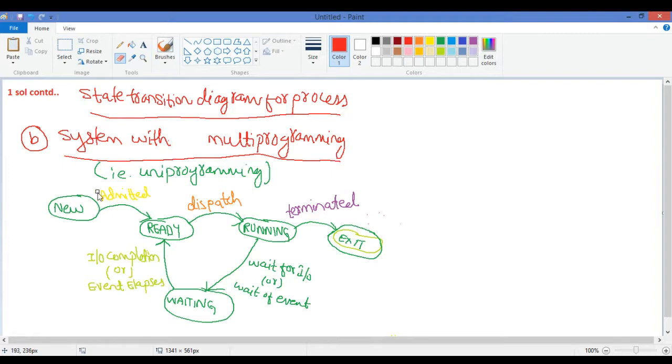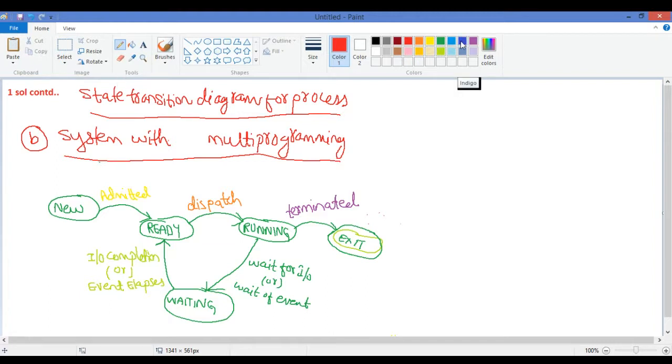So no need of this. This is the benefit with computer, right? In Blackboard, we need to draw multiple times. So now it is the same system with multi-programming. Okay, the diagram is the same, but only you will have one extra transition.